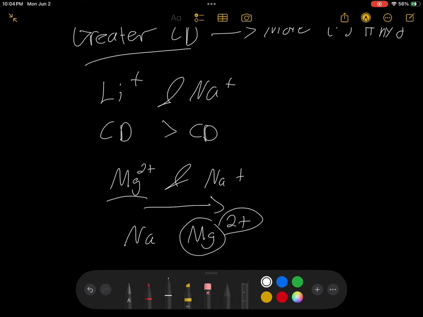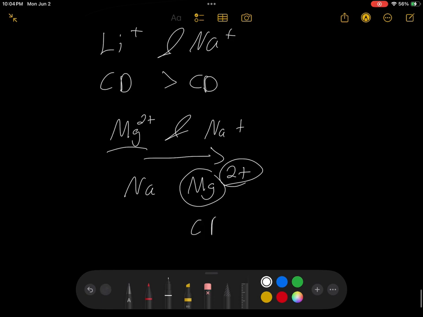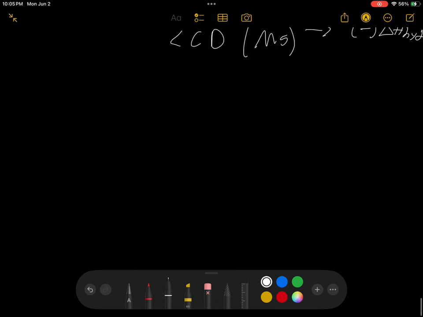So not only does it have a more positive charge, it's also a smaller volume. So that's even more charge density for magnesium, meaning it has a more exothermic delta H hydration. And once again, the reason is that greater charge density means it's more feasible to make those ion dipole bonds. To turn aqueous, you have to make ion dipole bonds. I mean, bonding with water via ion dipole bonds is what makes you aqueous. So the easier it is to form those bonds, the more exothermic your hydration or your solution enthalpy values.